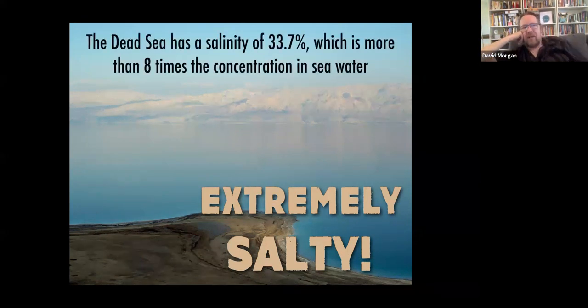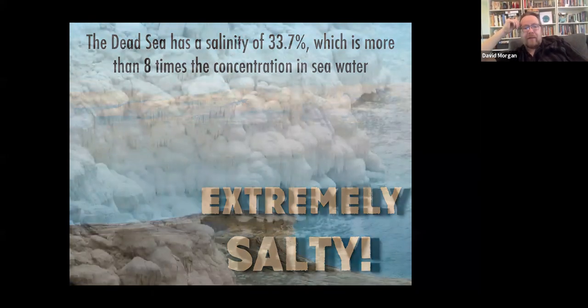The Dead Sea has a salinity of 33%, which is 8 times the amount of salt found in ocean water, which you've probably all had the experience of accidentally getting a little bit in our mouth, so we know how salty ocean water is. Imagine 8 times that much salt in the water. That is extremely unfriendly to most large living organisms like fish, which is why the Dead Sea doesn't have a whole lot living in it. It's called the Dead Sea.